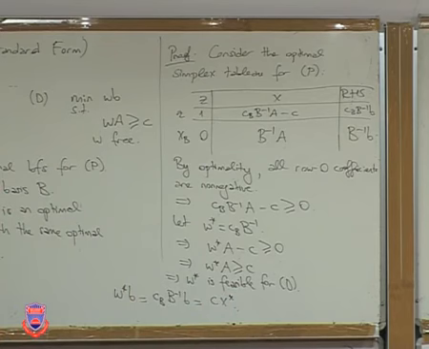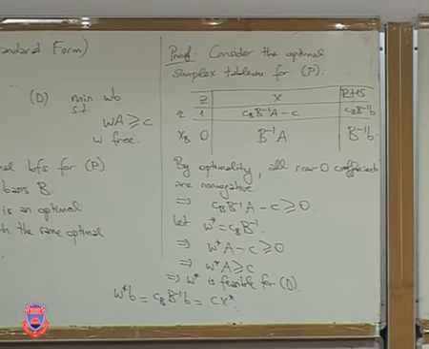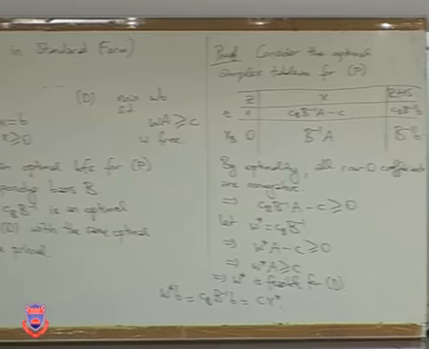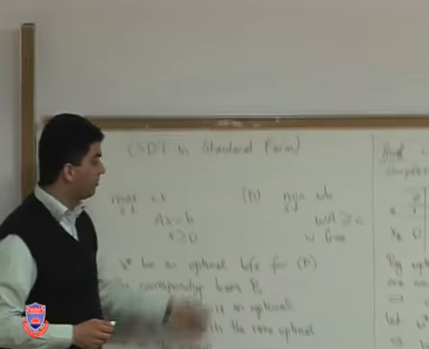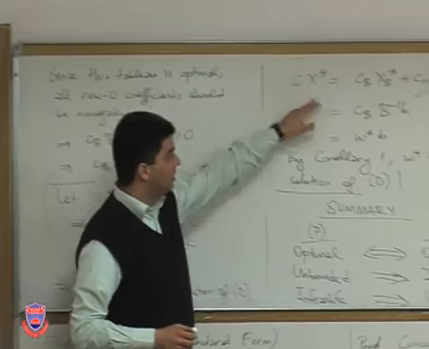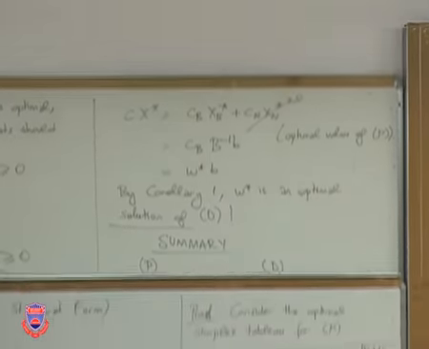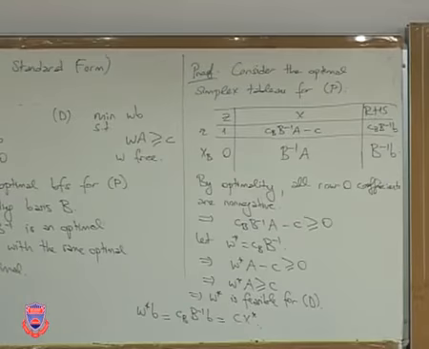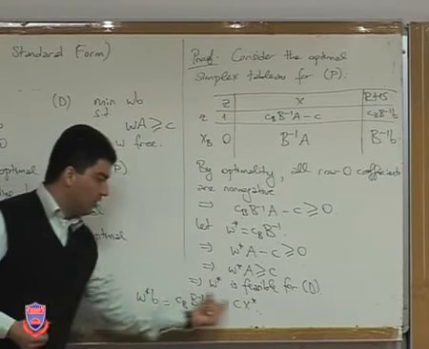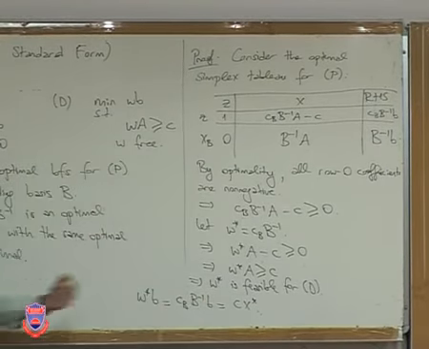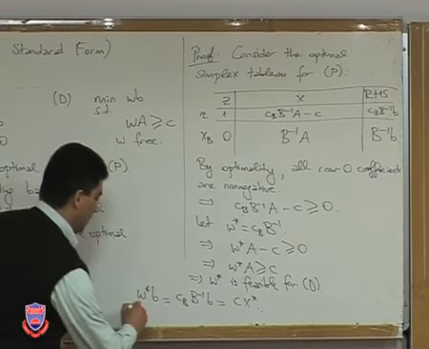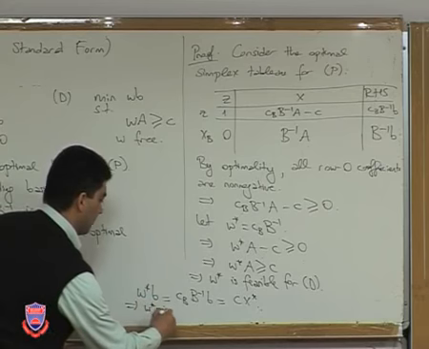X star was the optimal solution. So if I plug in X star into the objective function, I get just C times X star, right? So C times X star is equal to CB B inverse b. So as a result, we have a pair of primal and dual feasible solutions. The objective function values agree. So that means that W star should be optimal for the dual problem. So this implies that W star is optimal for D.